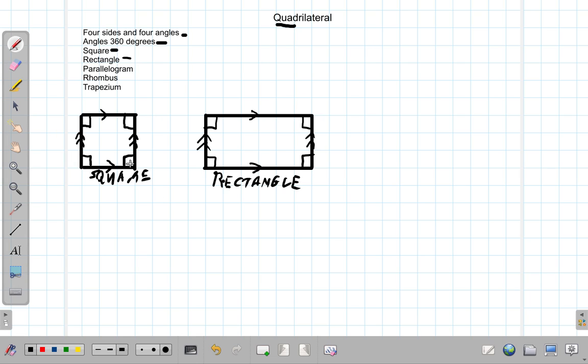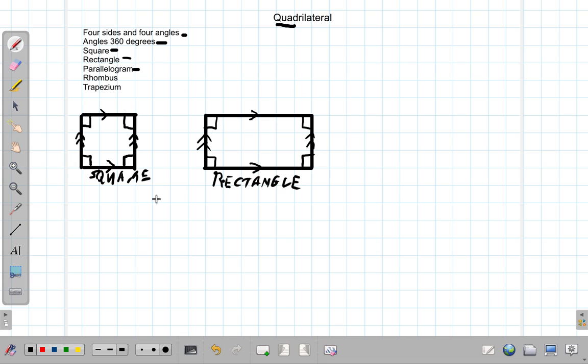Now what this means is that the square is also a rectangle because it satisfies all the conditions. The square is a rectangle because the opposite sides are equal in length and they are parallel and the angles are each 90. The difference now is that the rectangle is not necessarily a square. This is not a square because all the sides must be equal for it to call it a square. So all squares are rectangles, but not all rectangles are squares.